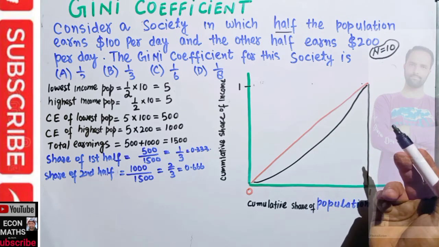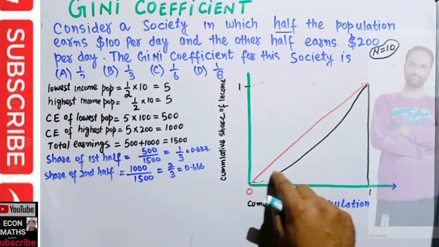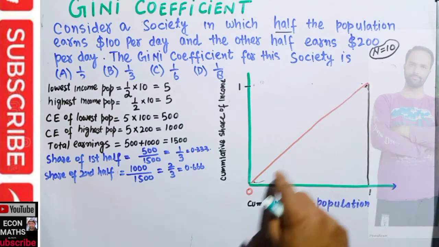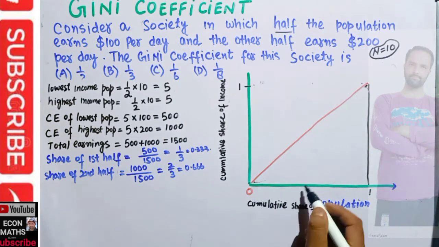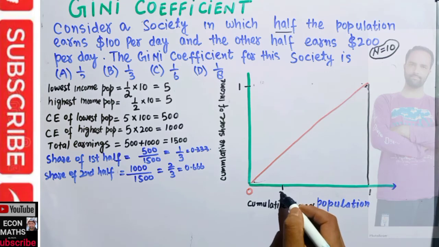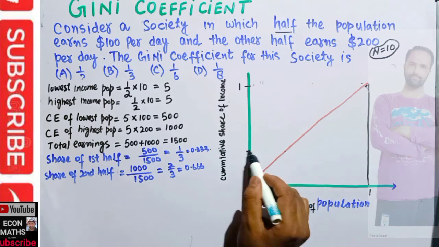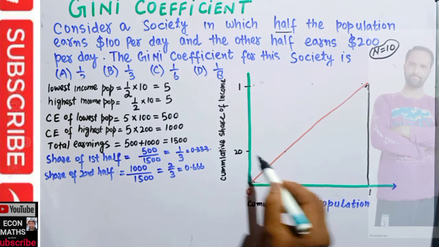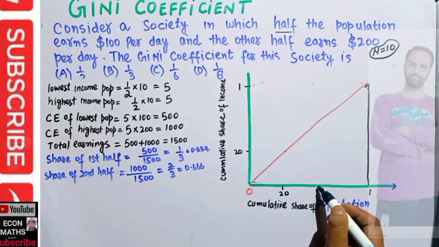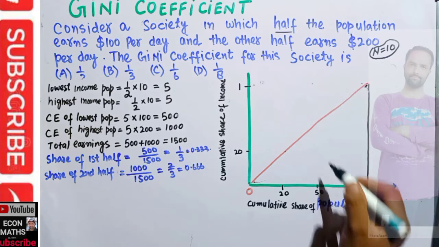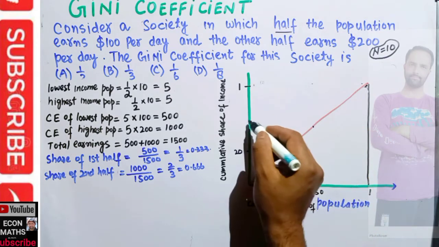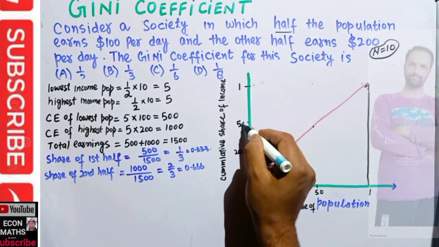If you are getting confused, let me explain it here. Let us say it is 20 here. Corresponding to this we will have 20 here also, because this is the 45 degree line. If it is 50 here, it will also be 50 here.